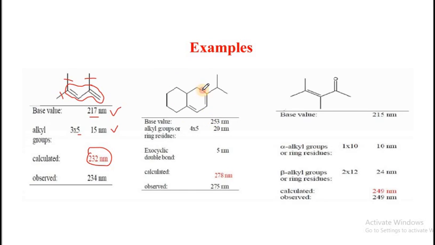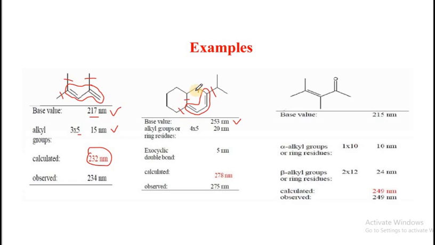And then this is the next example. In this our system is a diene, but it is also a homoannular ring, and for homoannular ring the value is 253 nanometer. So we are using 253 nanometer, and then this is an alkyl substituent, and this is a ring residue, this is a ring residue, and this is a ring residue.